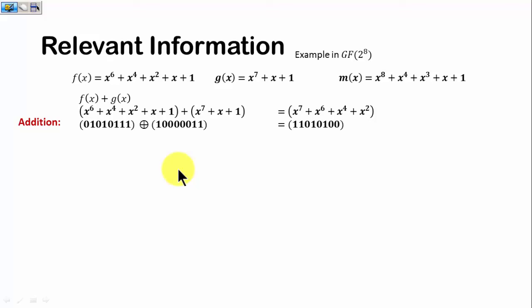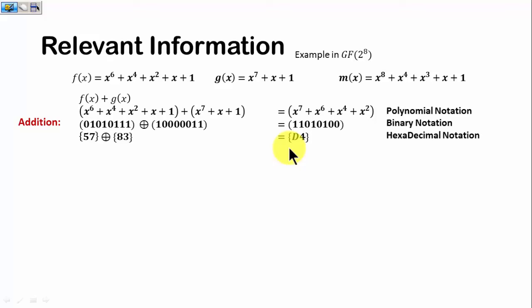If you want to represent them in hexadecimal, then this binary is equivalent to {57}, and curly braces are used to represent hexadecimal in our book and in our examples, and it XORed with the hexadecimal value {83} results in the hexadecimal value {d4}. So in either of these forms it could be done. The easiest one is the polynomial notation for the calculations.